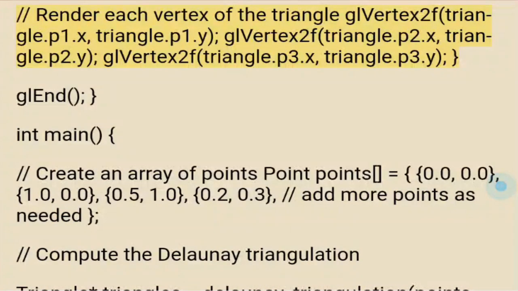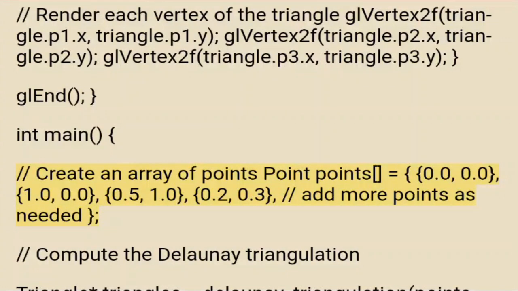Render each vertex of the triangle: glVertex2f(triangle.p1.x, triangle.p1.y); glVertex2f(triangle.p2.x, triangle.p2.y); glVertex2f(triangle.p3.x, triangle.p3.y); } glEnd(). int main. Create an array of points equals {0.0, 0.0}, {1.0, 0.0}, {0.5, 1.0}, {0.2, 0.3}.